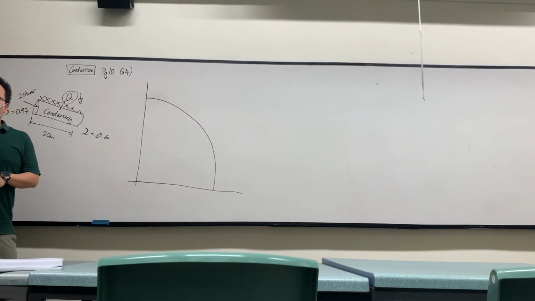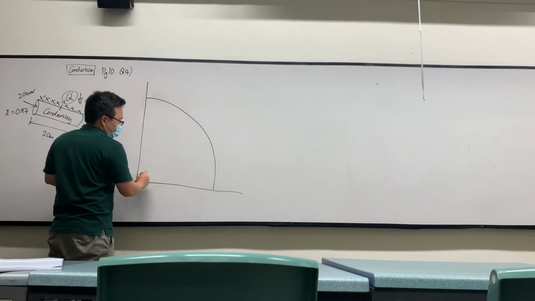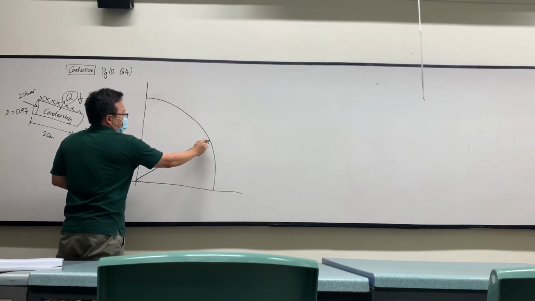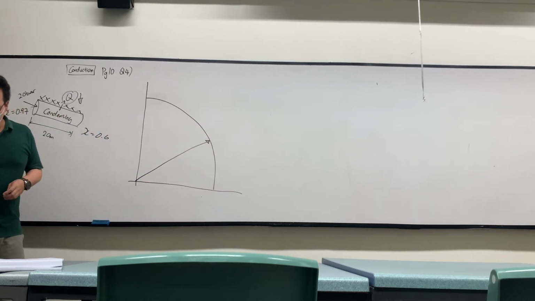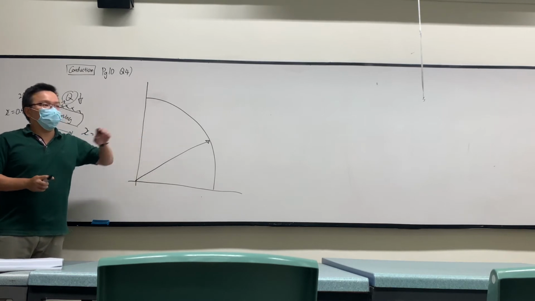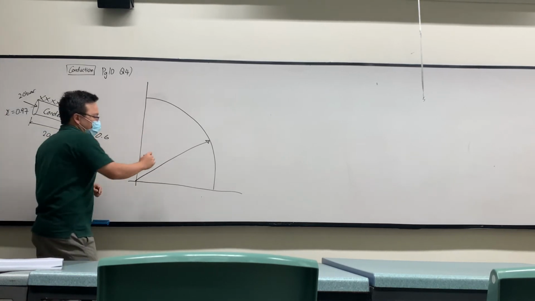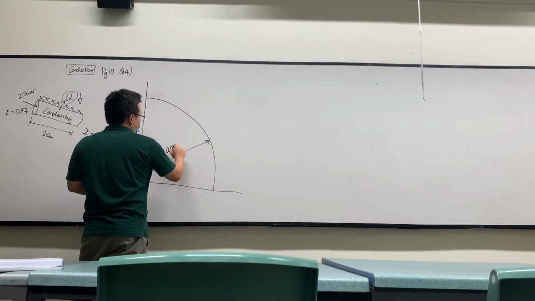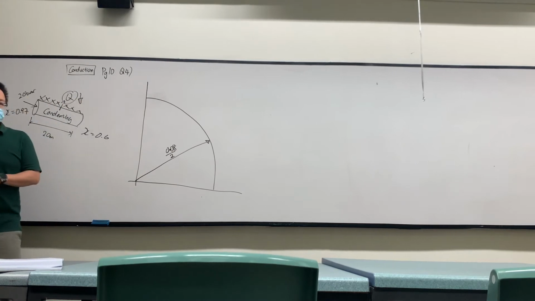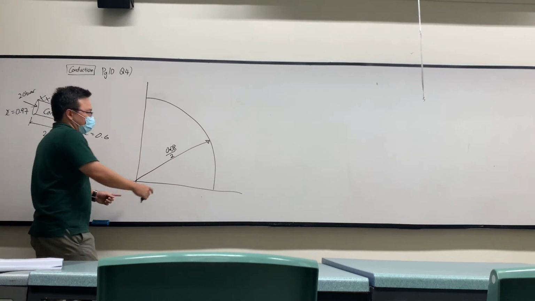This part hole, how much? 80 mm diameter. From center to here, is it diameter? No, radius. So it's 0.08 divided by 2. This is your radius.